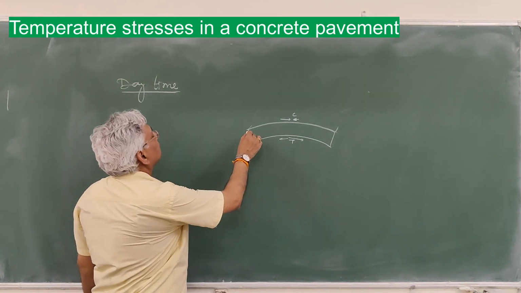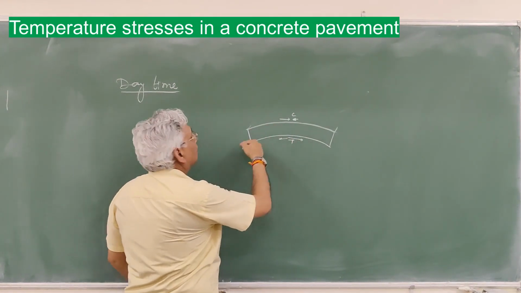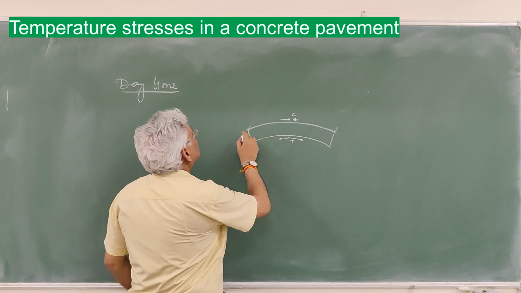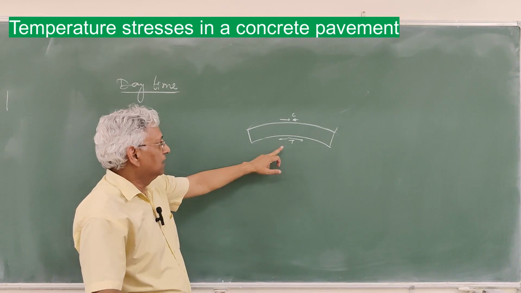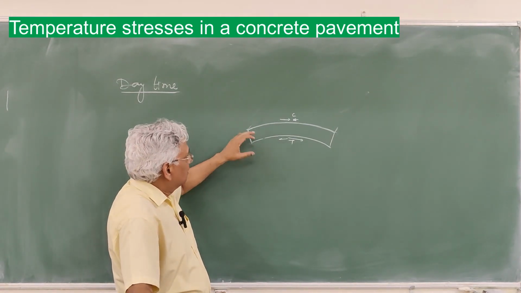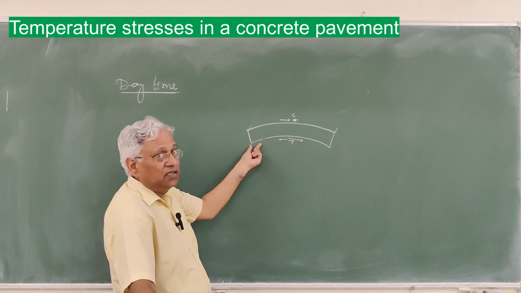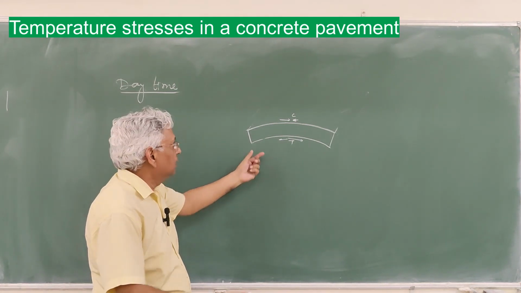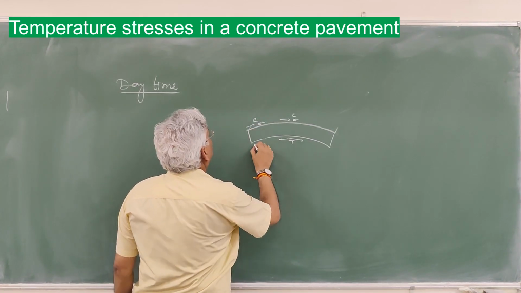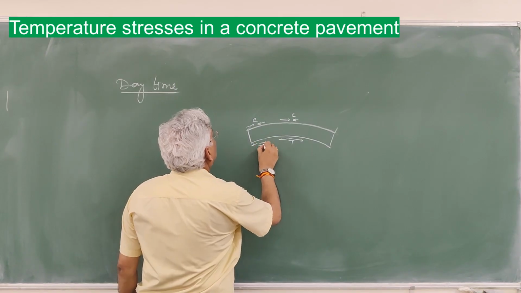At the corner, when the slab curls down, the same situation will happen here also. The support system here will resist the curling of this slab, and as a result, compressive stress will be developed at the top and tensile stress will be developed at the bottom.